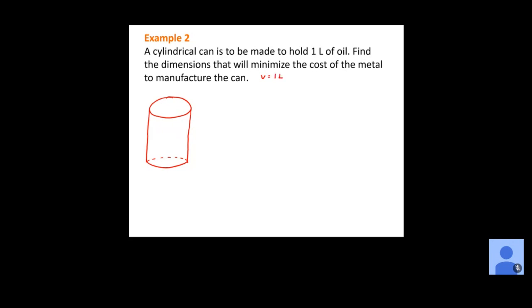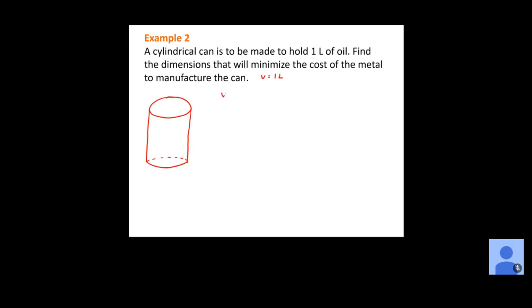What are we trying to find? We need the dimensions, right? So if we're looking for dimensions, we're going to need, all right, good. So we know there's a volume formula for a cylinder that's pi r squared, that's the area of the base, times the height.